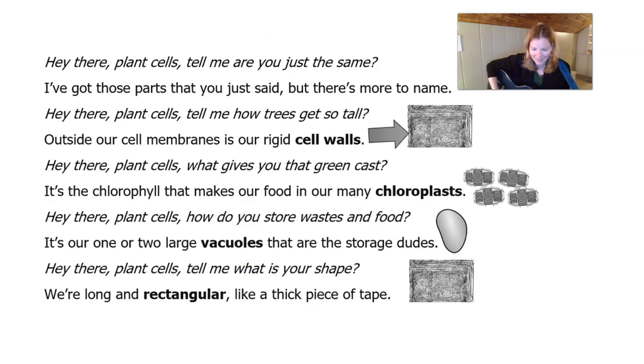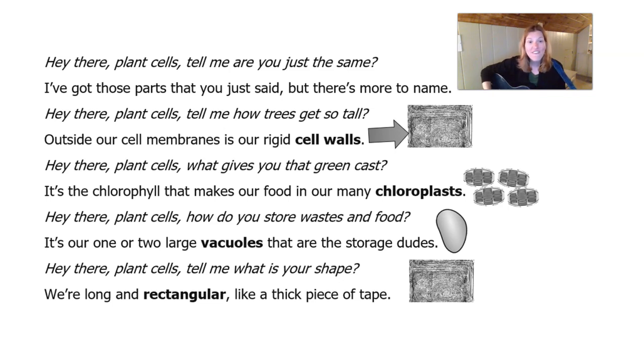And now plant cells. Hey there, plant cells, tell me, are you just the same? I've got those parts that you just said, but there's more to name. Hey there, plant cells, tell me how trees get so tall. Outside our cell membranes is our rigid cell walls. Hey there, plant cells, what gives you that green cast?